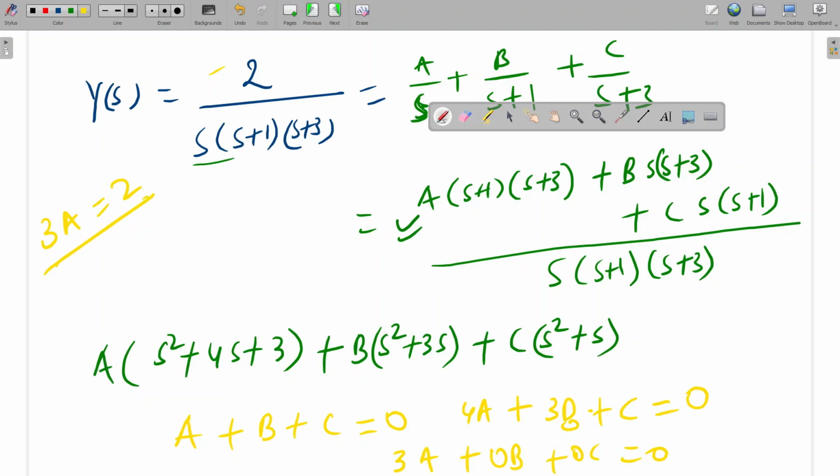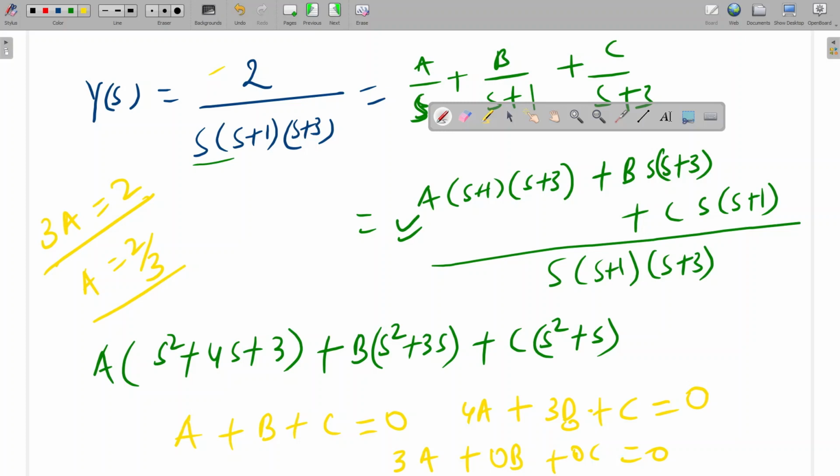Is it clear to all up to now? Otherwise anyone can ask. Yes, sir. Please go ahead. Okay, so A will be equal to 2 by 3. What will be the B and C values? Can anyone calculate B and C from these two equations?